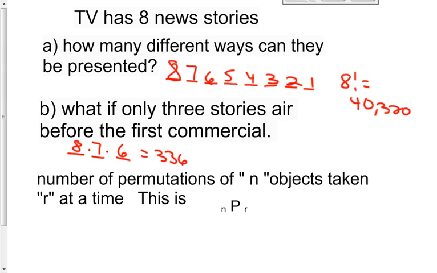So in this particular case, I had 8 objects, but I was only going to do 3 of them at a time. So it's a few of the total that you want to talk about at a time. That notation is right here, and you're going to have 2 different subscripts. So it's nPr, n refers to your total, so I have 8 total things, and I'm going to order them 3 at a time, 8P3.